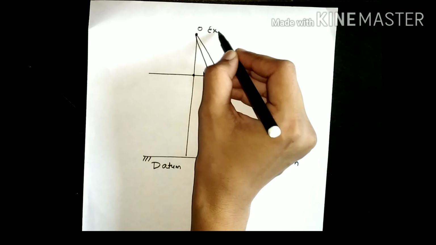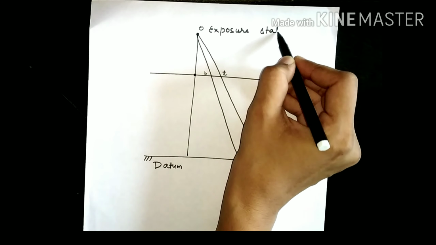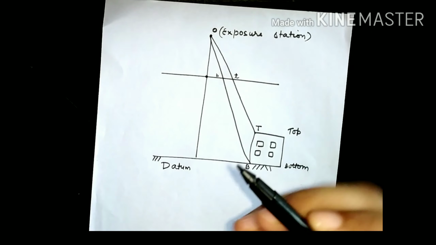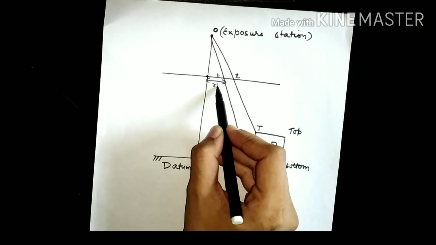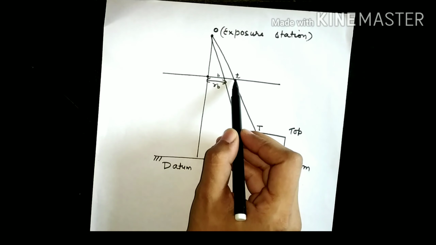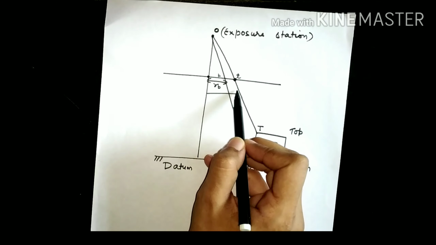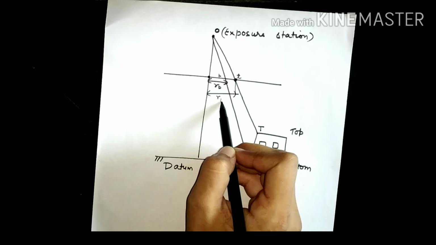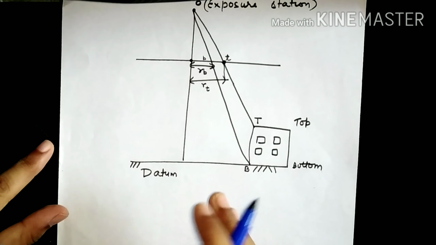O is the exposure station, from where the camera is mounted. The distance from the principal point to point b is called RB, and from the principal point to this point, here straight, is small RT. This is the radial distance.